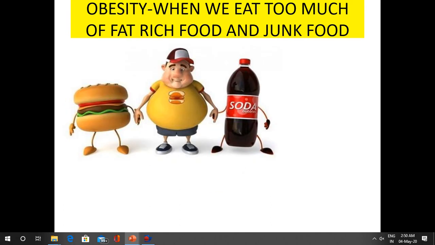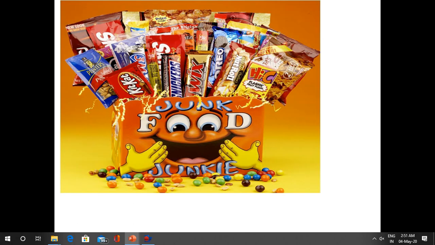What is obesity? When we eat too much fat rich food and junk food, we become fat and will not be called healthy. Obesity is gaining a lot of weight, and that happens by having fat rich foods or junk food. In this picture I have given you some junk food.